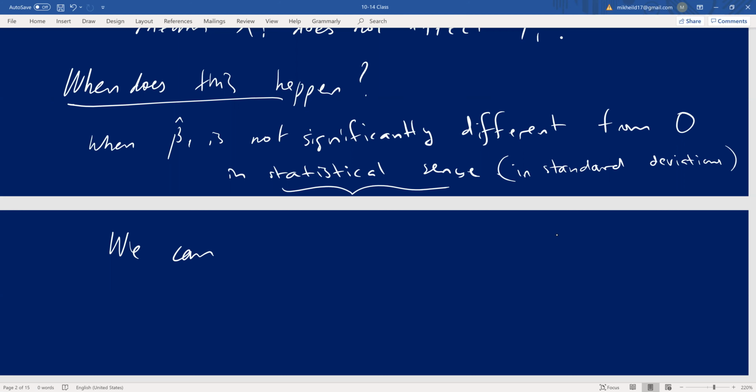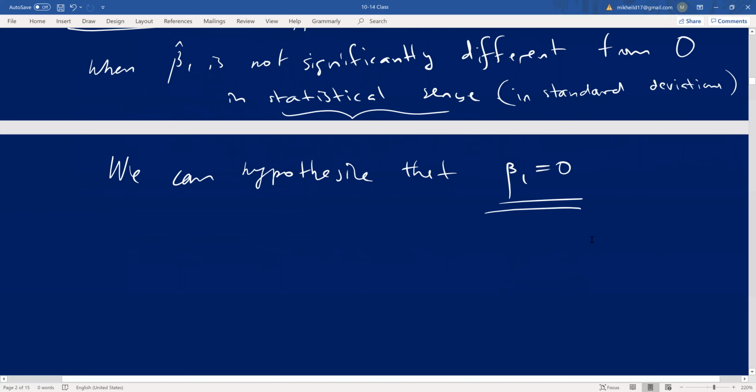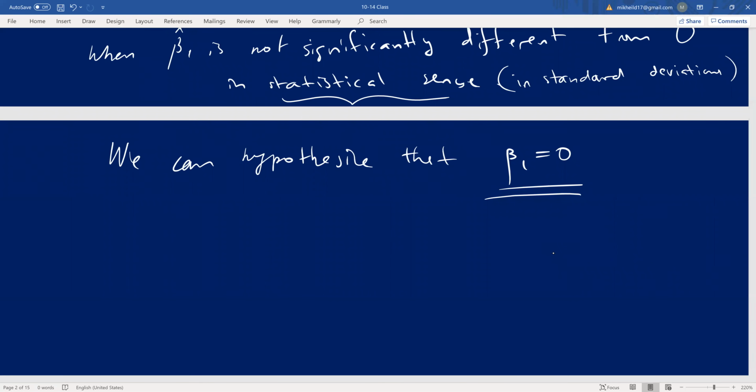We can hypothesize that beta 1 equals 0, right? And then we can test the hypothesis about this.